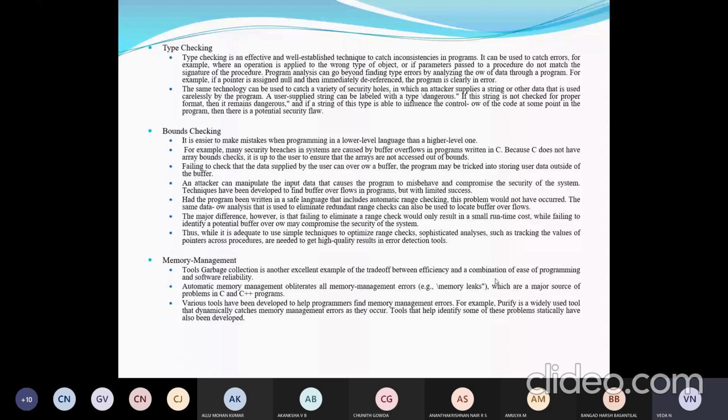Whenever you are using a high-level programming language for writing any application, as a programmer you won't think about how the compiler works.